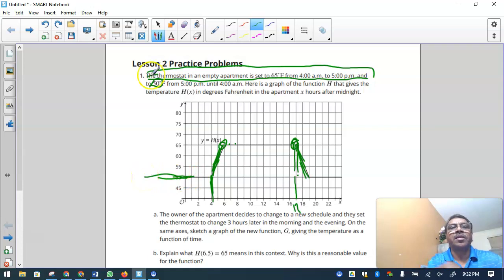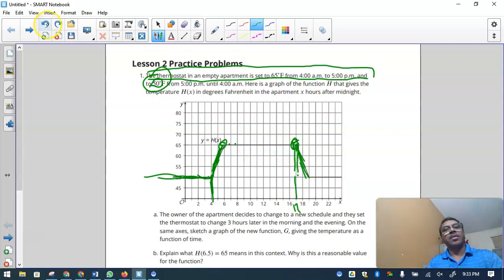See, this was 50, this is 50, and in the beginning it was 50. At 4 o'clock he starts, and then the temperature rises and remains 65 until 17, and then you put it off and it goes down. So this is what is shown here.